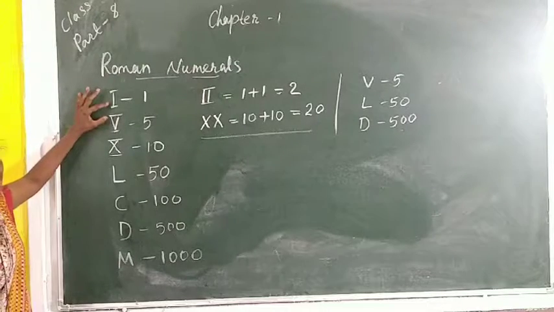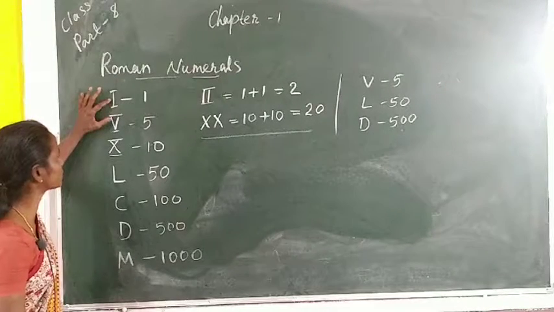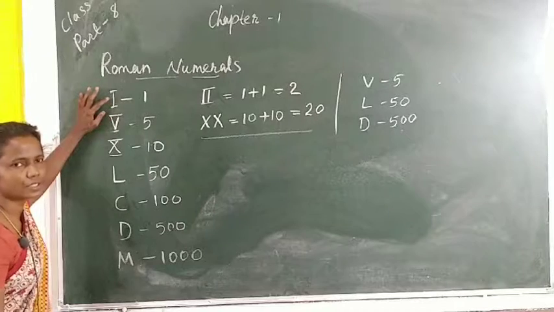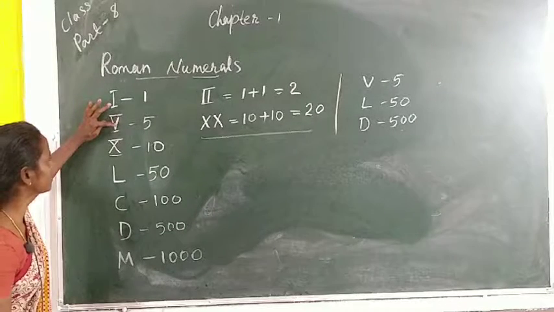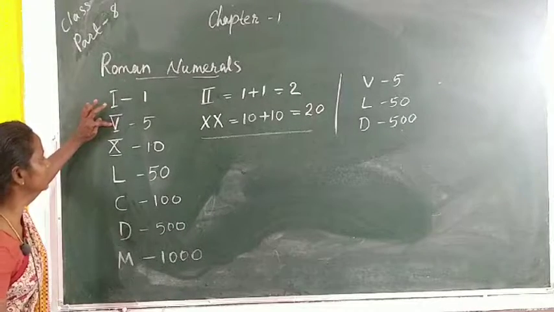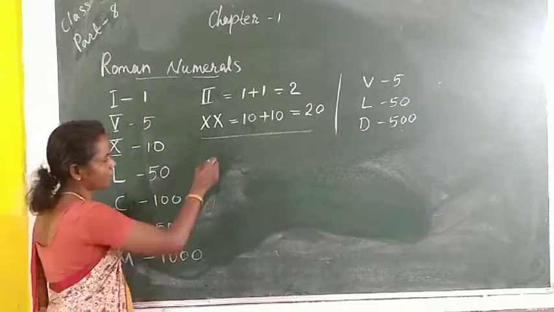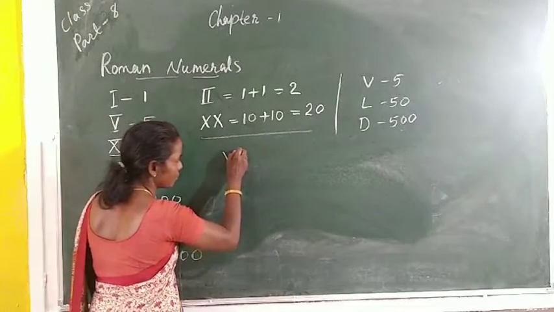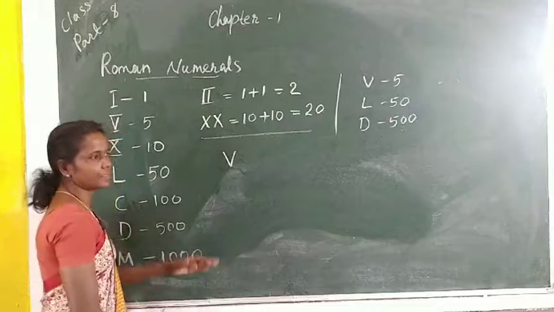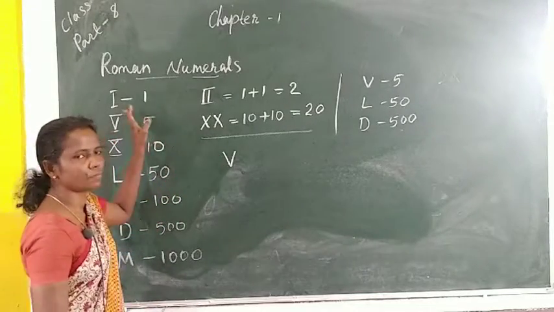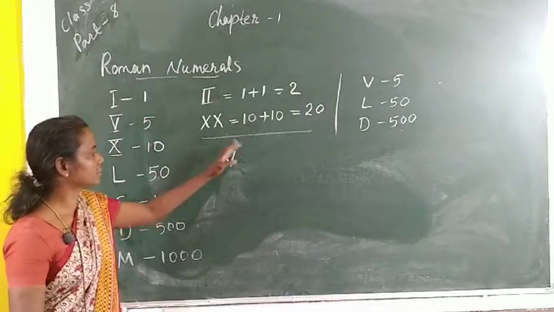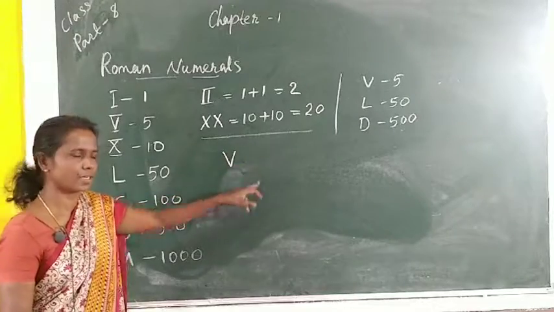Which is the smaller value? 1. And the greater value is 5. You write the greater value first, and then the smaller value on the right side of the greater value.